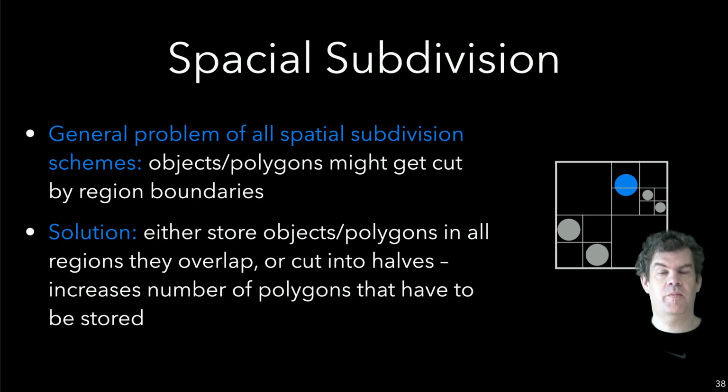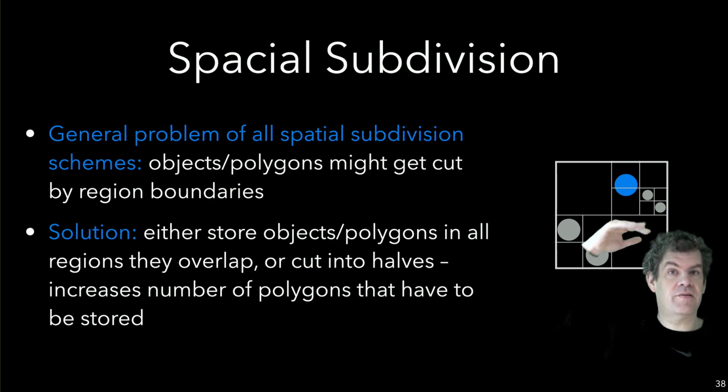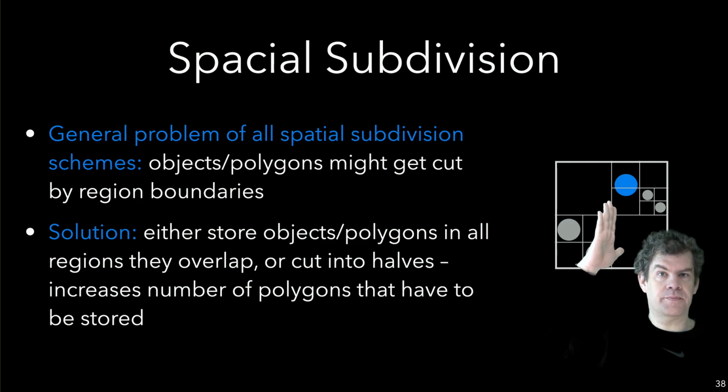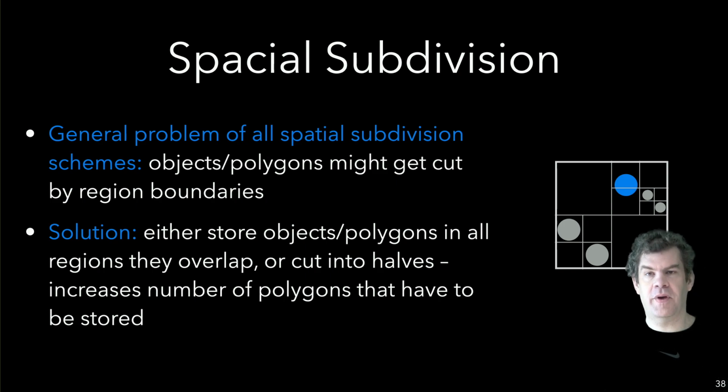In this lecture, I'll just pretend it doesn't happen, right? The simple solutions are, well, throw the object into both things or split it into 2 objects. And both have their pros and cons, but I'll just pretend that thing doesn't happen, okay? So we'll just split the domain up, and we'll then throw the objects into the subspaces that are generated.